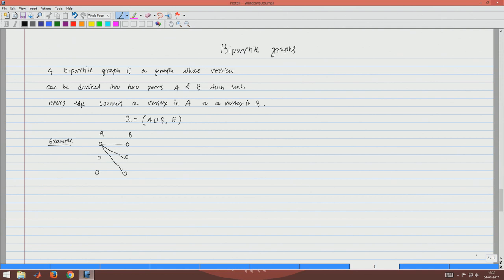You can see that every edge connects a vertex in A with a vertex in B, and this is an example of a complete bipartite graph. So, this is denoted by K 3, 3 because all possible edges are there. Note that there can't be an edge between a vertex in A with another vertex in A. There can't be an edge between the vertices in the same part.